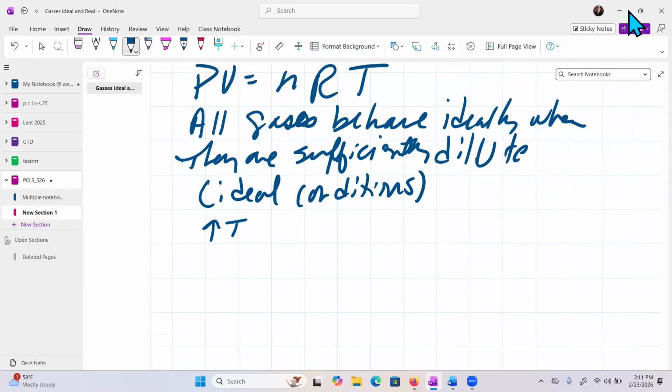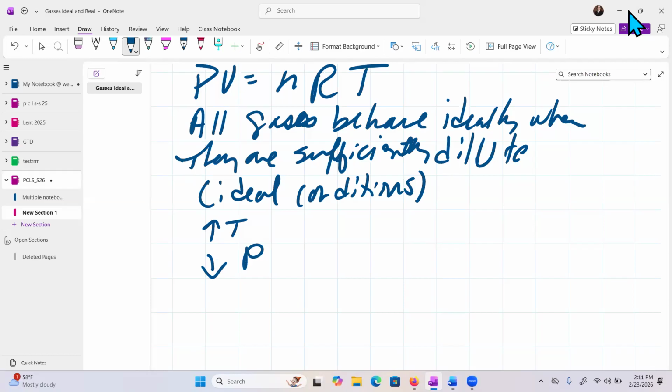That would make the particles move around more, and so they would be next to each other the least, right? When gases get hot, they expand, right? The other opportunity that will make this be true is that the pressure is low. Also, that means they're not being squished next to each other, so they're not interacting very much.